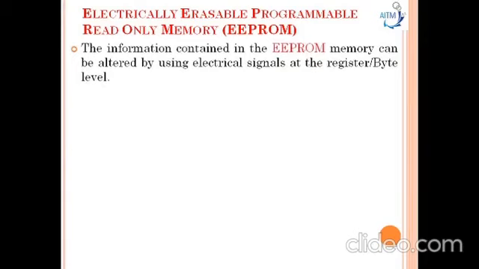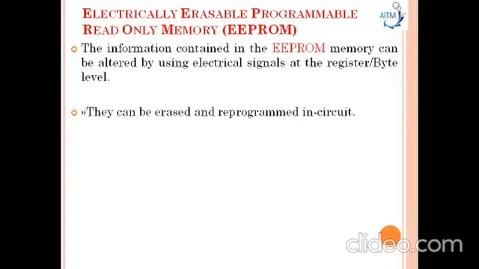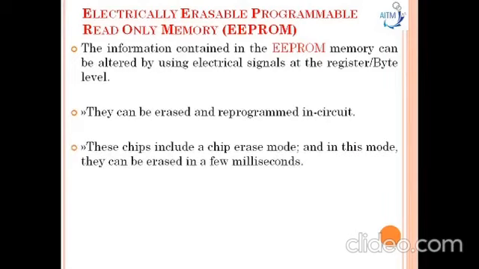They have advantages compared with the EPROM. We'll see what those advantages are. The information contained in the EEPROM memory can be altered by using electrical signals at the register or byte level, and they can be erased and reprogrammed in the circuit. These chips include a chip erase mode, in which they can be erased in a few milliseconds.